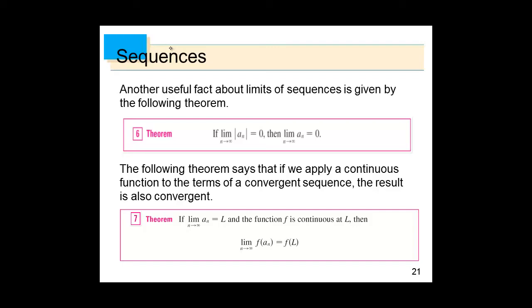So I'm taking the absolute value of the terms, right? And we are saying if the limit of the absolute value of a_n is 0, then the limit of the sequence a_n must be 0 as well. Is that making sense?